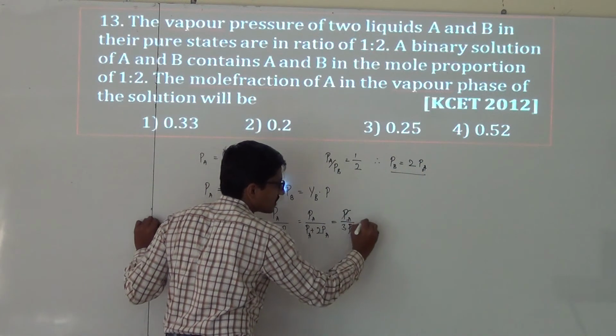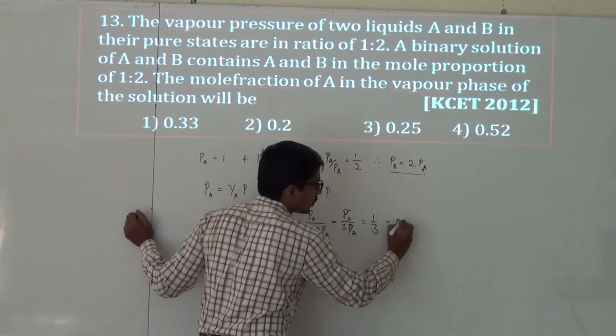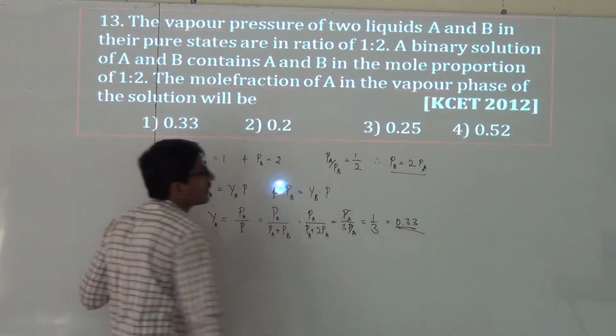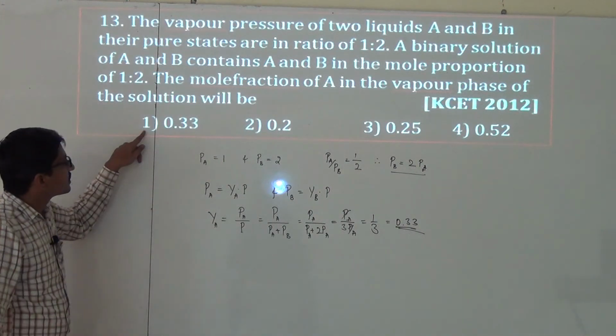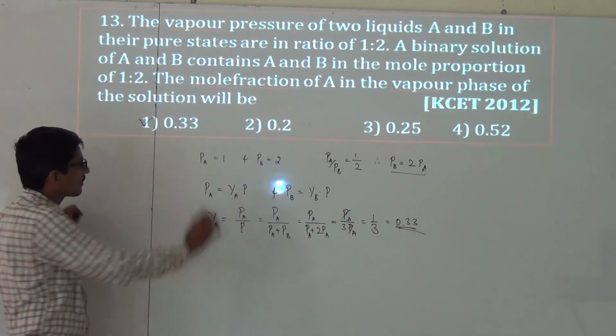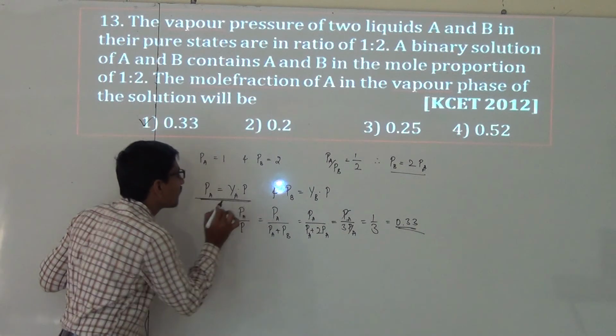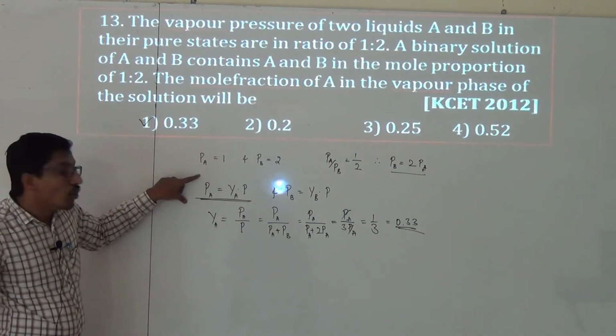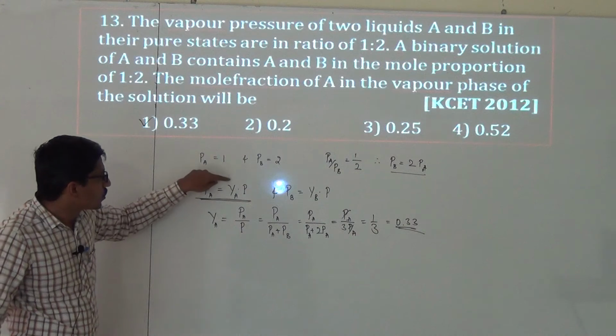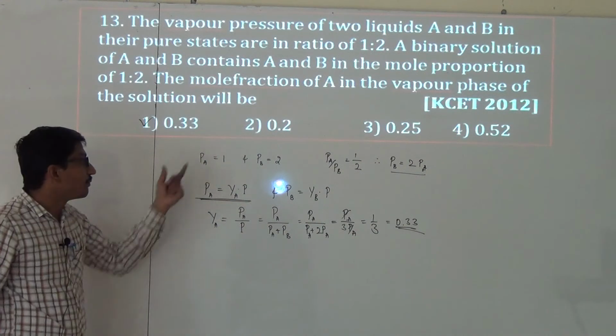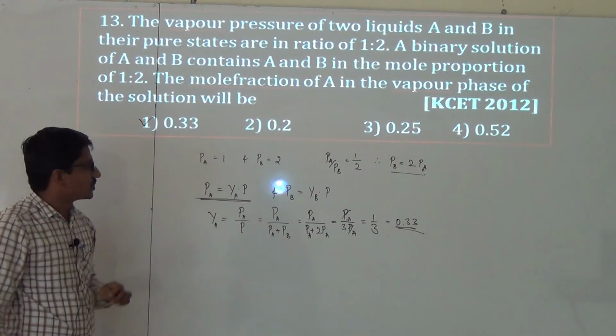PA cancels, giving 1 by 3, which is 0.33. First option is correct. In the vapor phase, we use the formula PA is equal to YA into P.